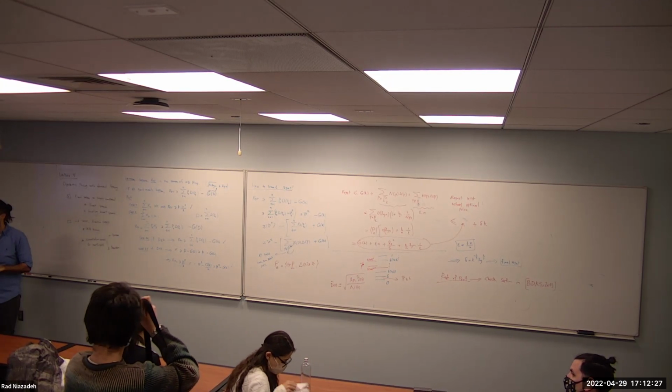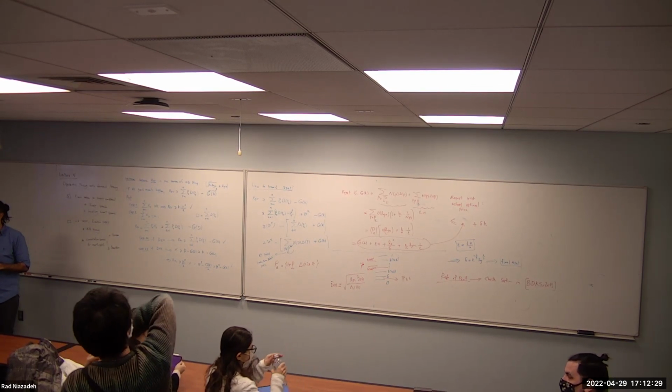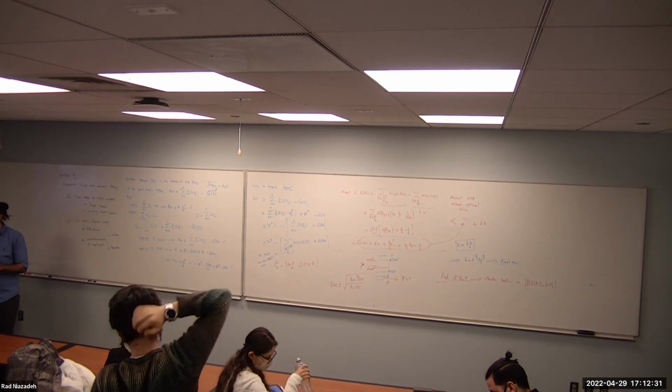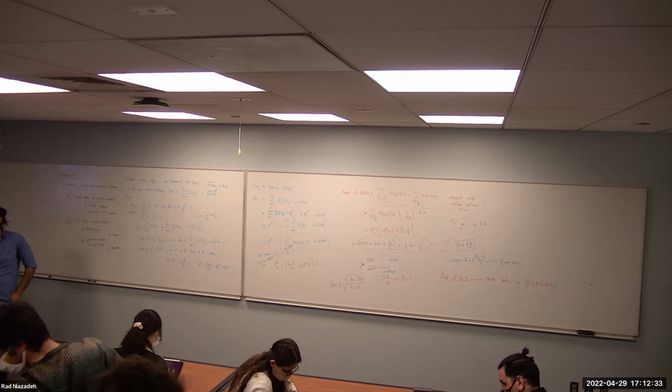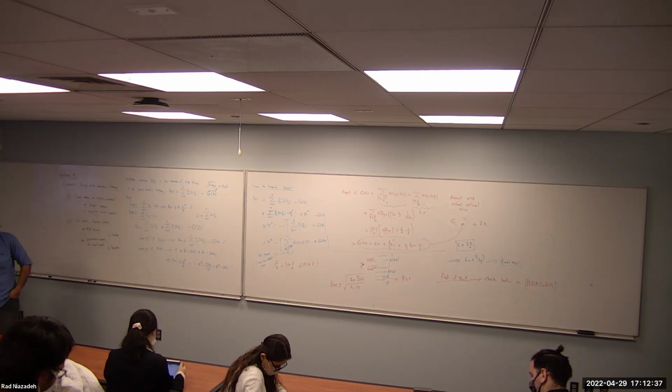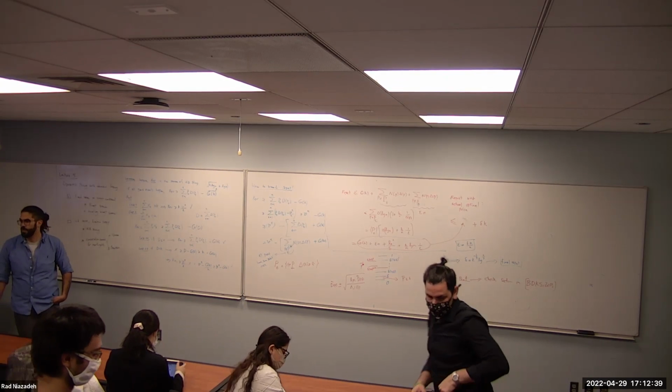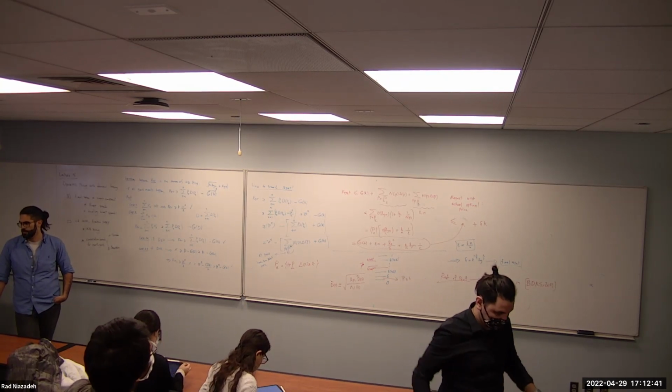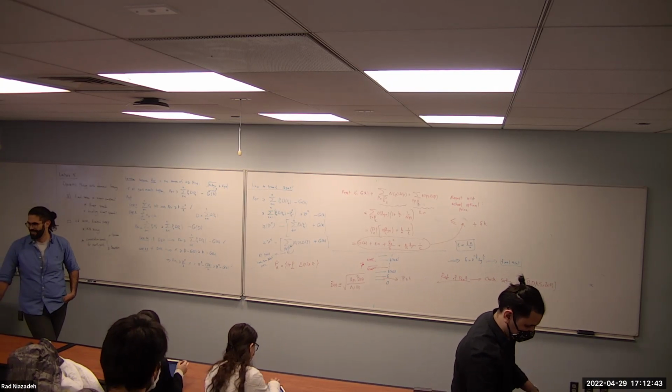If P star is such that you sell K units, then the price P_t is always above P star. Somehow you're charging higher prices because you said P_t is bigger than V star over K. So then somehow you're always charging higher prices. Exactly.